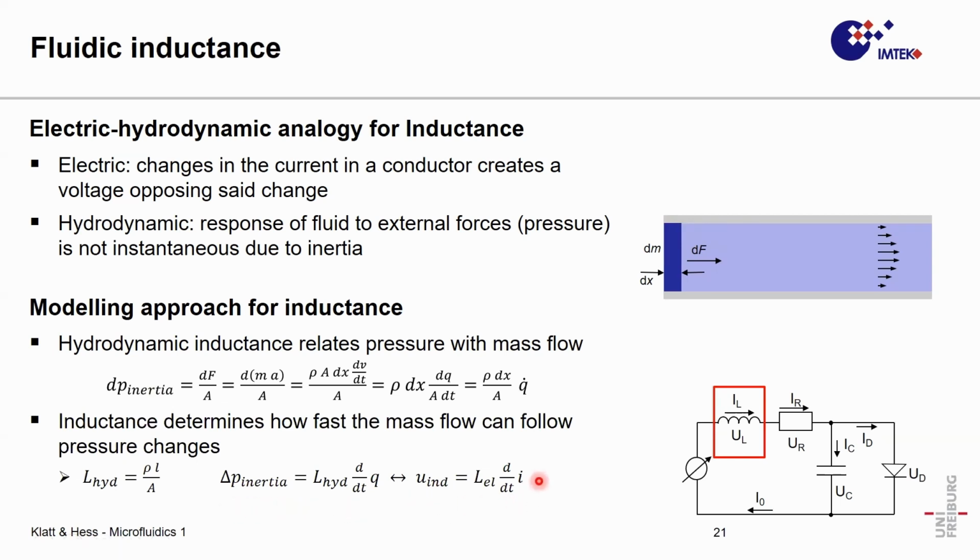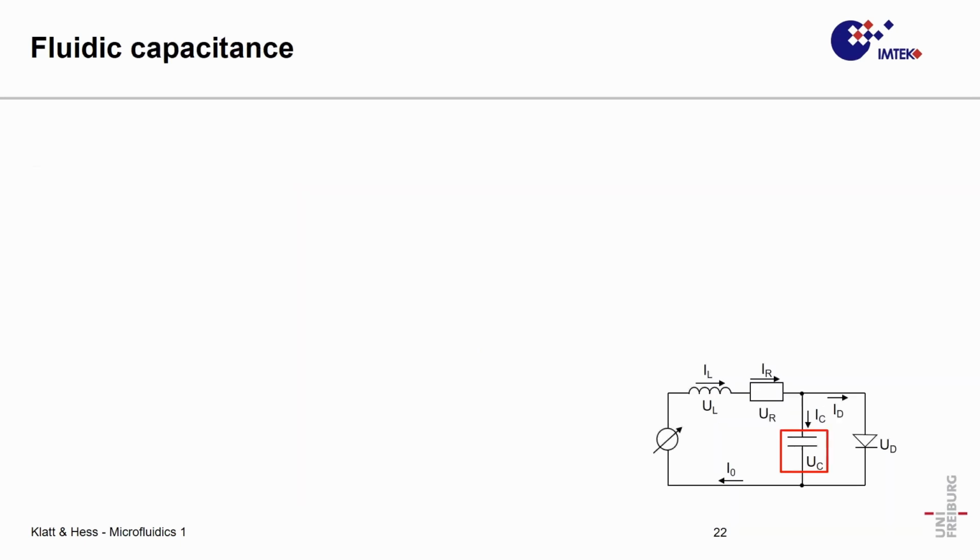So in the electrical world, you have this voltage that counteracts your charge movement. And in the hydrodynamic world, you have this pressure which counteracts immediate movement due to inertial effects if you apply an external pressure source. So we can continue with the next element, which would be capacitance.